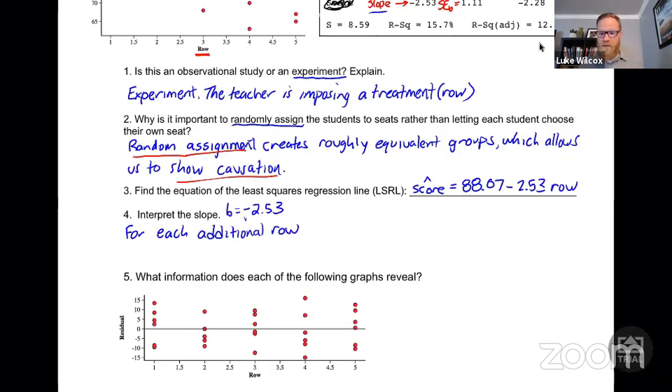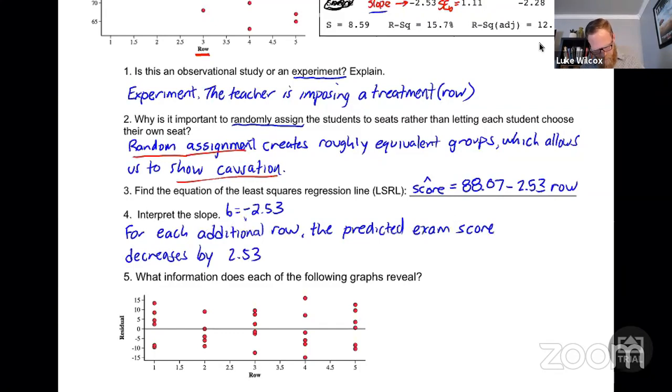So for each additional row, when we move back one row, the predicted exam score decreases by 2.53 points.